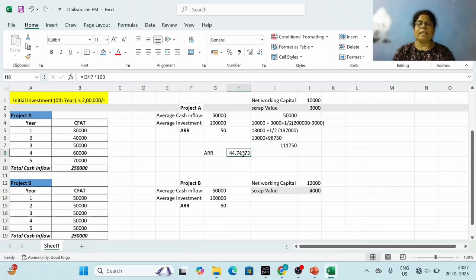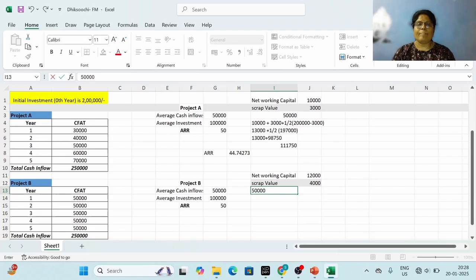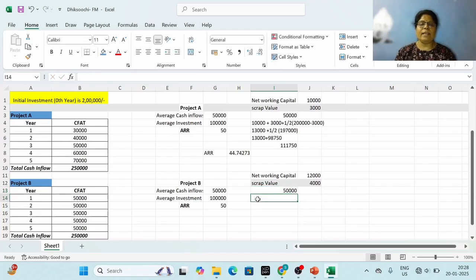Same thing we calculate for project B. So the numerator is the same, right? Let me write the numerator as usual, that is 5,000. Now the denominator, we are calculating average investment. So first net working capital, that is 12,000, plus the scrap value 4,000, plus 1 by 2, open the bracket, initial investment.